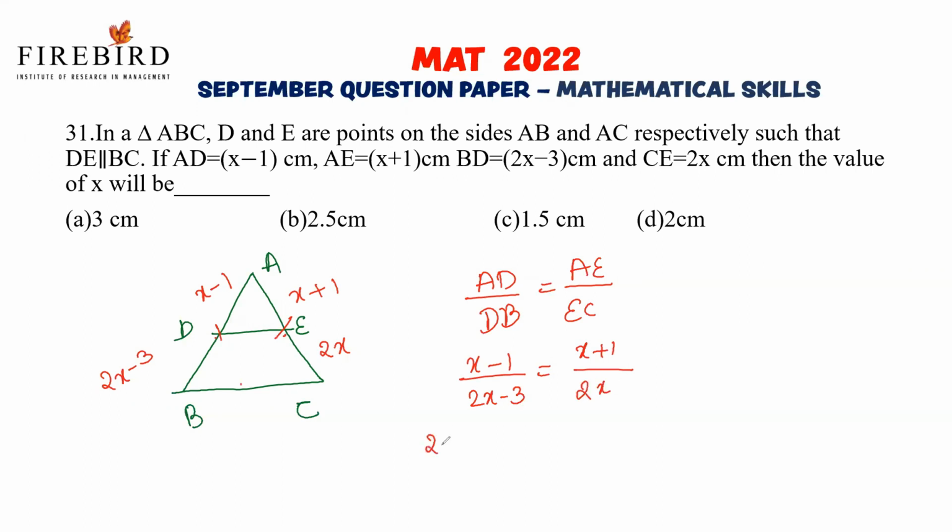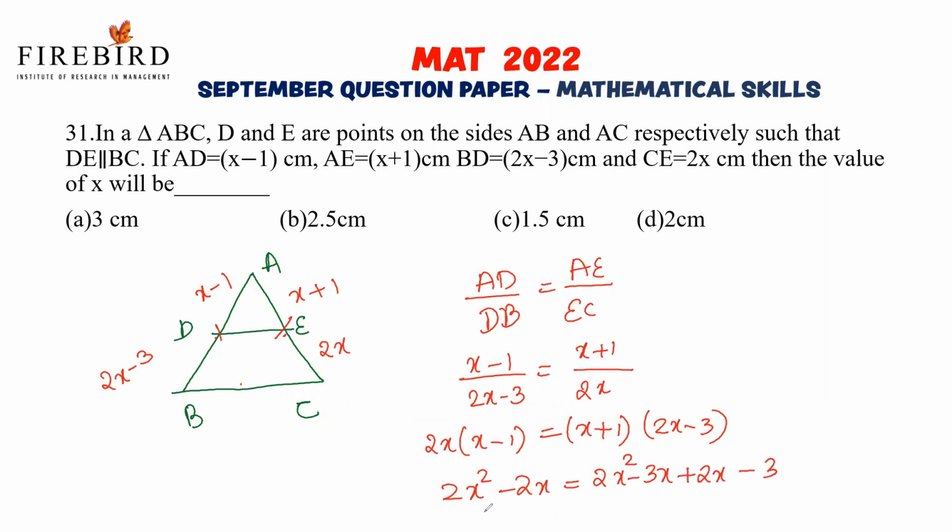Just cross multiply. 2X into X minus 1 is equal to X plus 1 into 2X minus 3. So 2X square minus 2X is equal to 2X square minus 3X plus 2X minus 3. So 2X square I can cancel. Just take all the X to one side.